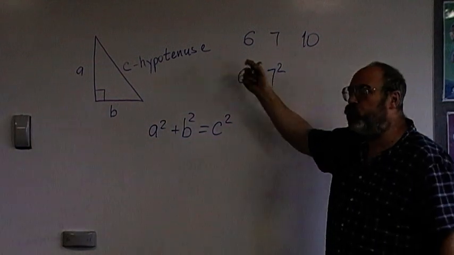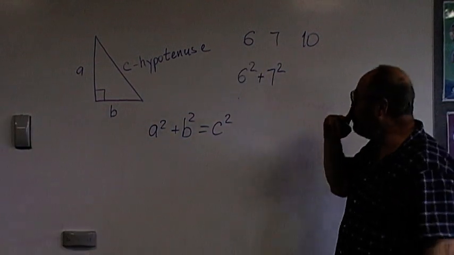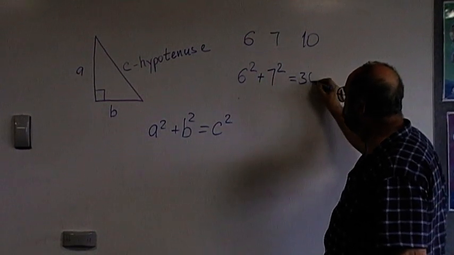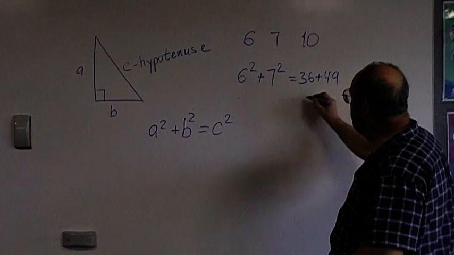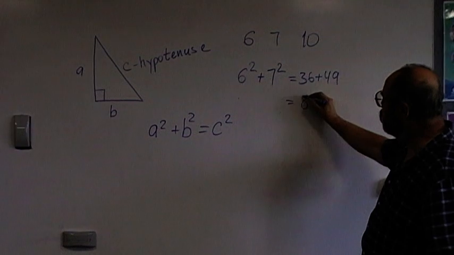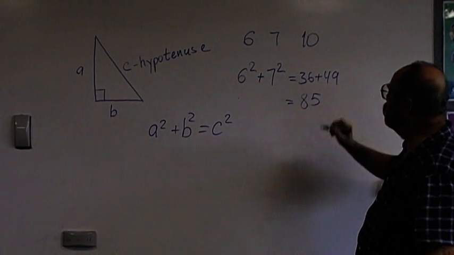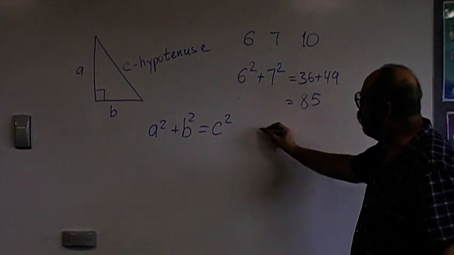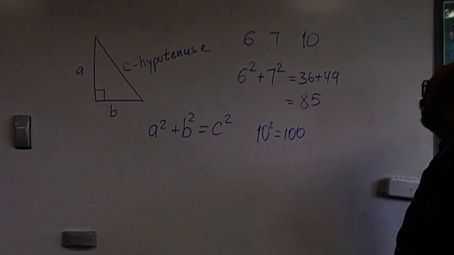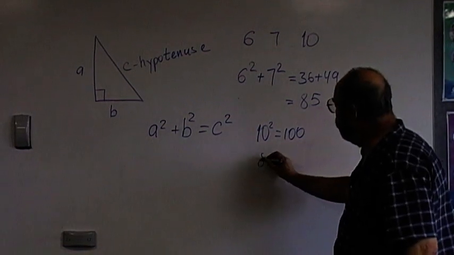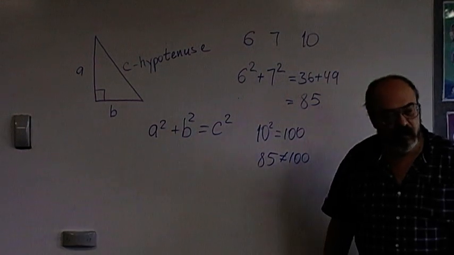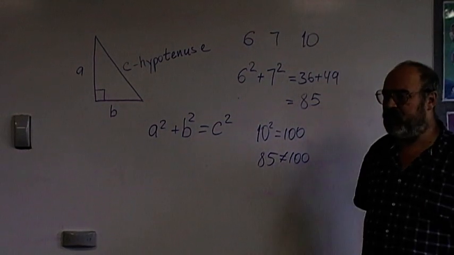So we choose the two sides that are shorter. 6 squared plus 7 squared, which is 36 plus 49, so equals 85. And the longest side 10 squared equals 100. So 85 does not equal 100. What conclusion can we make? It's not right angle.